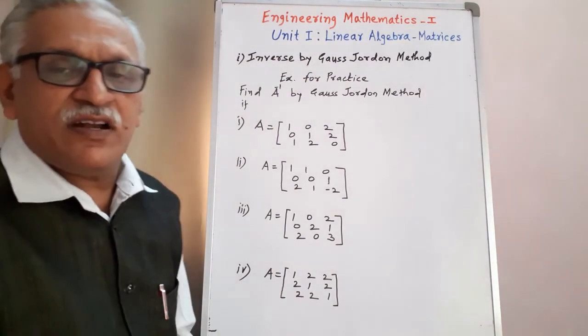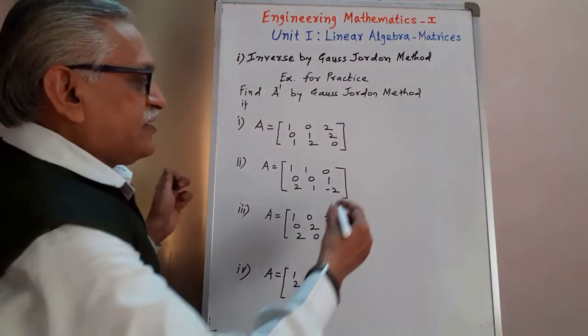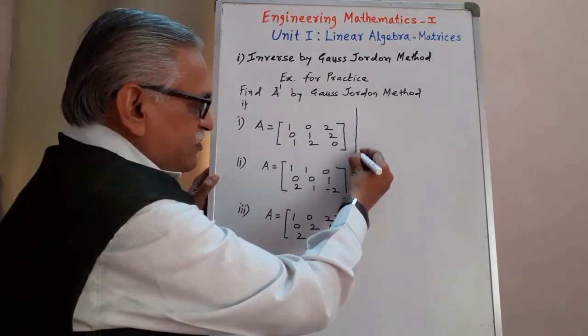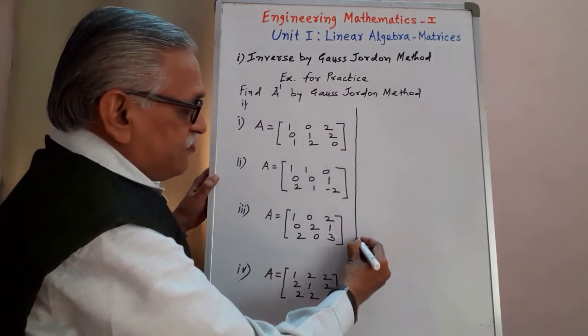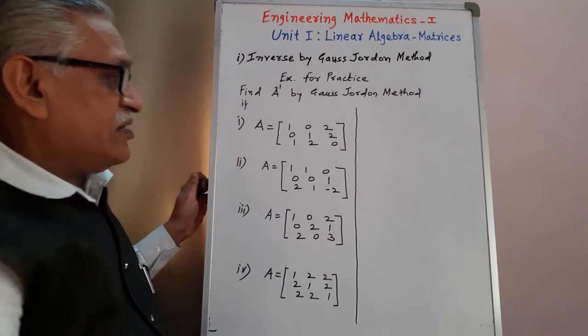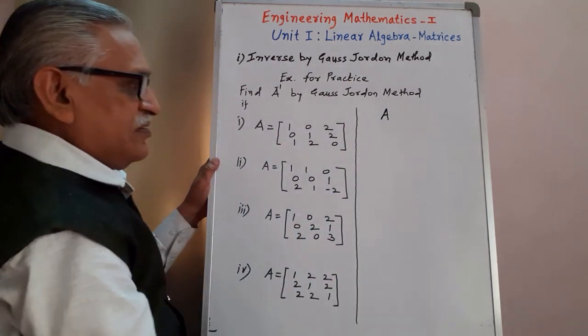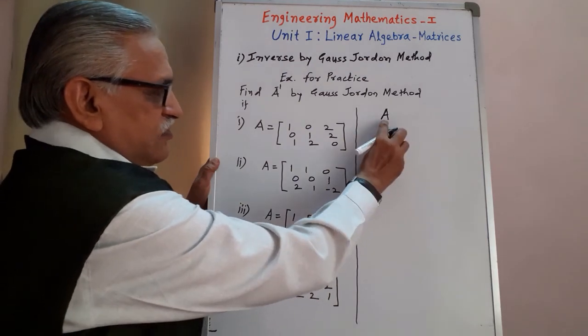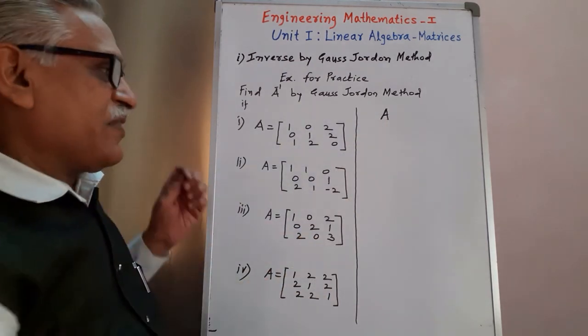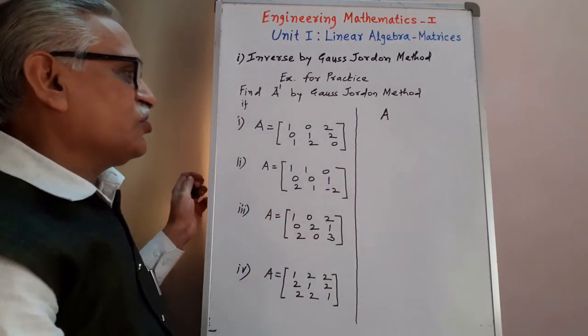Once again, I will repeat the important steps we have to perform. Suppose A is a given square matrix, then we have to obtain A inverse by applying the Gauss Jordan method.